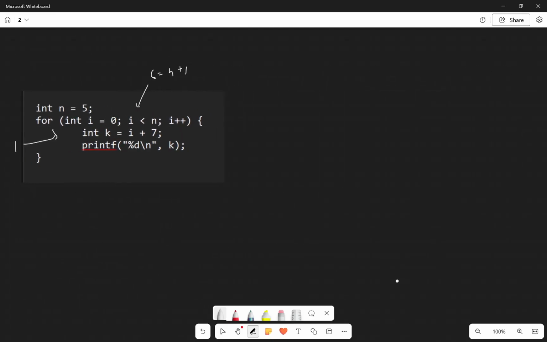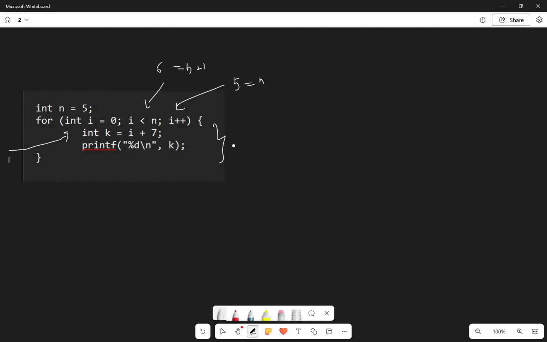All right. So here, let's go from the beginning. So this part gets executed once. This part gets executed 6 times, which we can write as n plus 1 because n is 5. This one got executed 5 times, which is basically n.